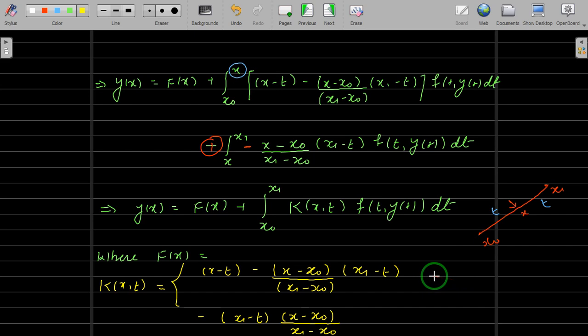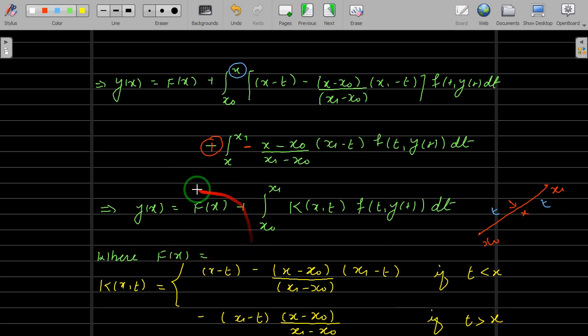For the second integral, t is greater than x, so x is a lower limit. If t is greater than x, at t equals x, you can see what happens. And this function f is nothing but the underlying one.